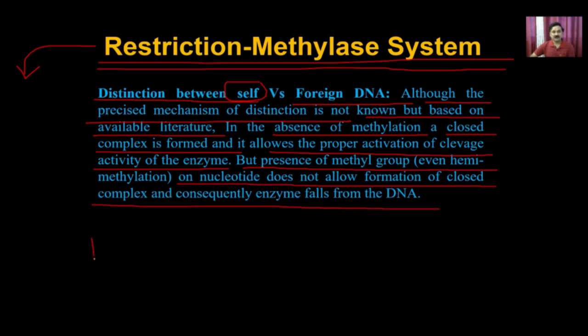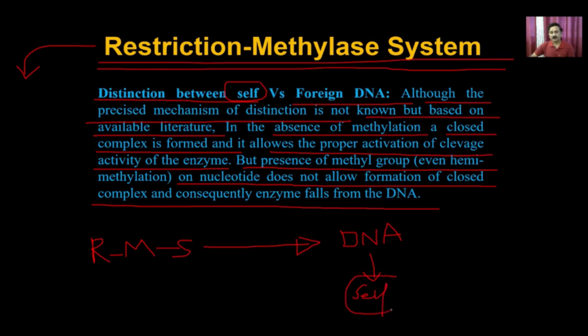So the restriction methylation system, or RMS, recognizes whether the DNA belongs to the host cell, which means, for example, if you are talking about bacteria, whether the DNA belongs to the bacteria or to a foreign organism.